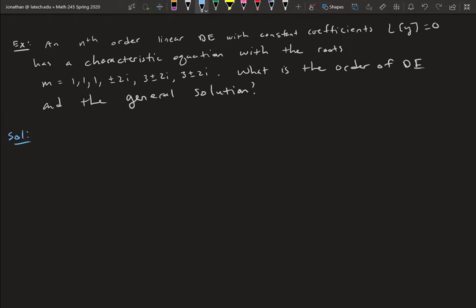So what can we see? We can see that m equals 1 is a root of multiplicity 3. M equals plus or minus 2i. M equals 3 plus or minus 2i are roots of multiplicity 2.